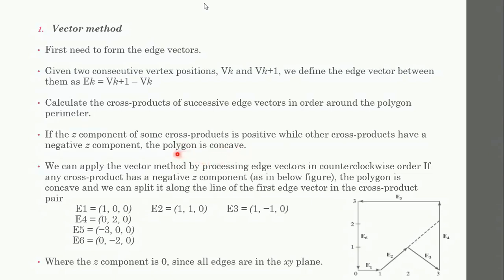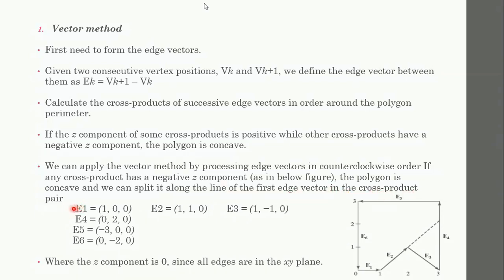In this manner we apply the vector method by processing edge vectors in counterclockwise order. If any cross product has a negative z component, the polygon is concave, and we split it along the line of the first edge vector in the cross product pair.